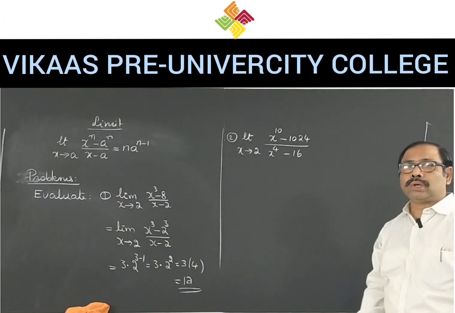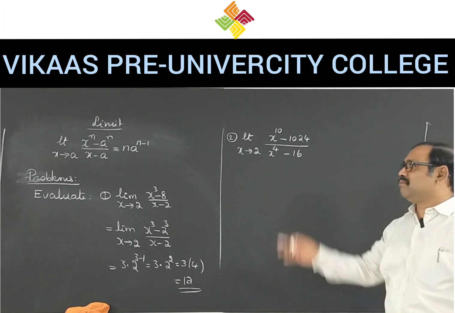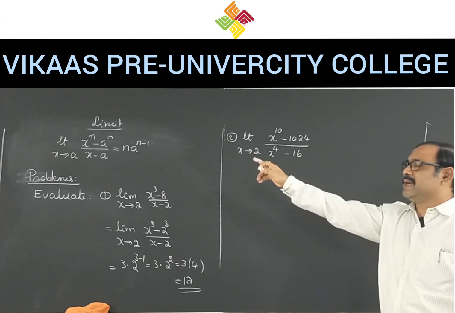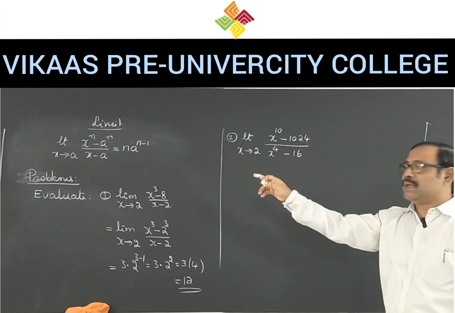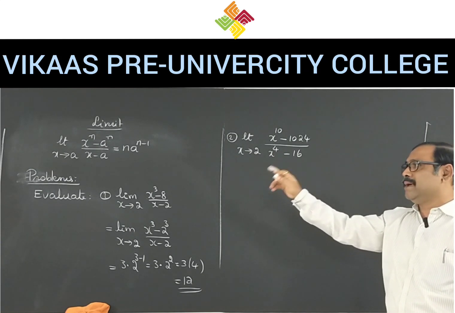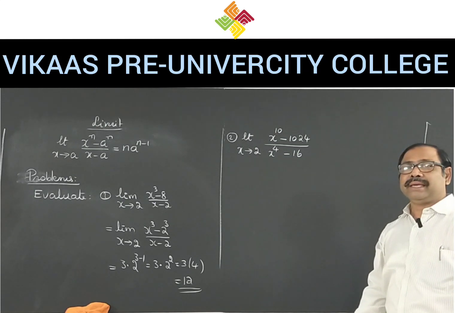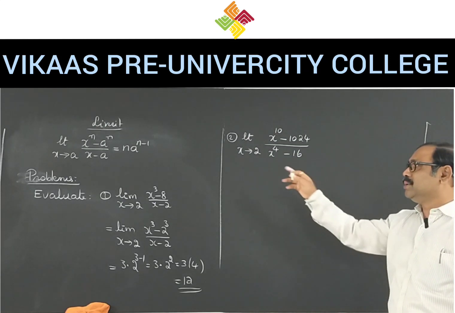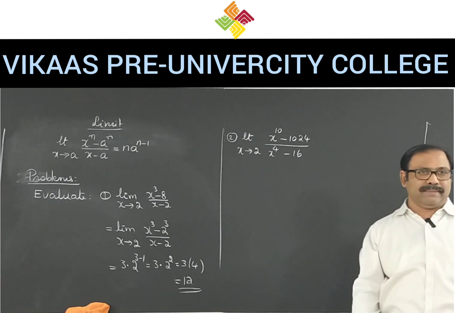See, this is not given in the general form. The general form is limit x tending to a of (x power n minus a power n) by (x minus a), equal to n into a to the power n minus 1.